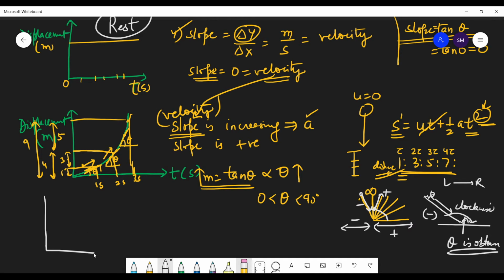Now we have the next graph, the displacement time graph, and this time this is the graph, students. So when do we get this graph? Tell me about the slope that we are discussing. Is the slope constant or is the slope changing?